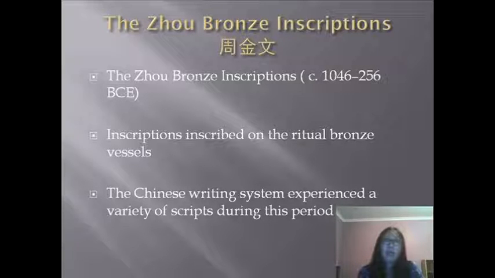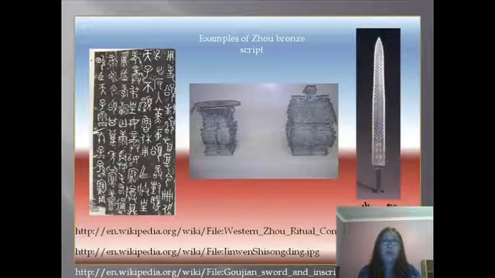Actually, the practice of inscribing on bronze vessels began in the Shang Dynasty, but at that time, people tended to inscribe only very short texts on the bronze vessels, usually just their names or a sentence or two. It is from the Zhou Dynasty that people began to inscribe longer texts on the bronze vessels.